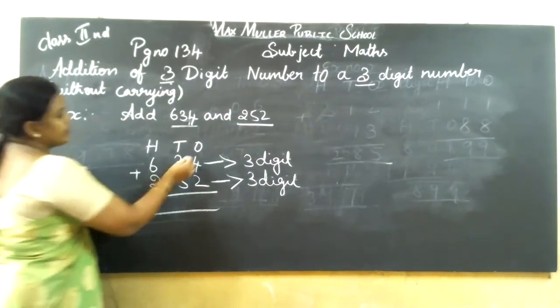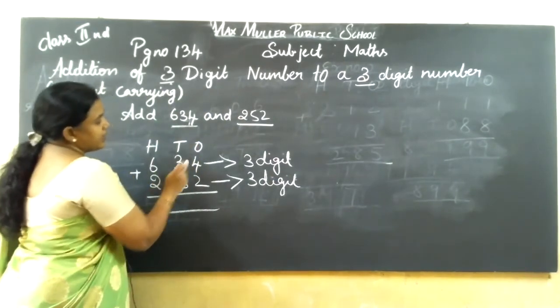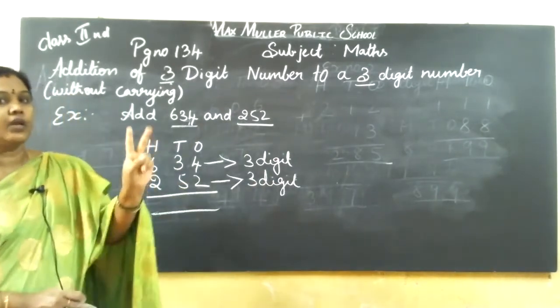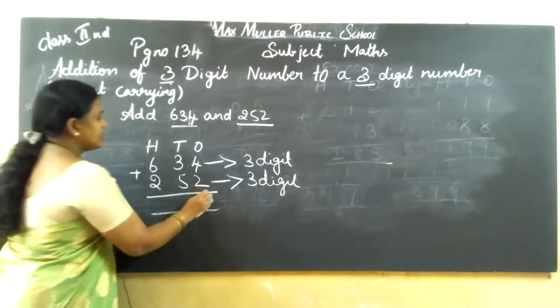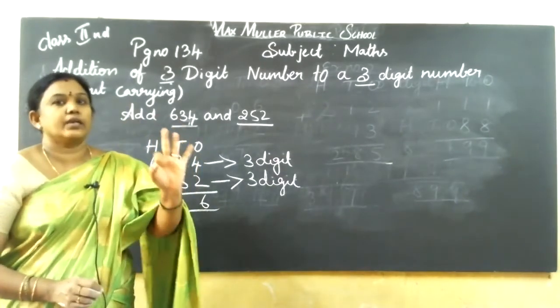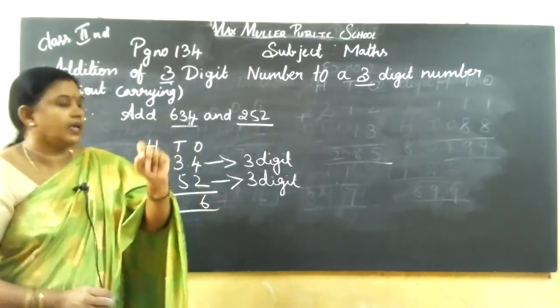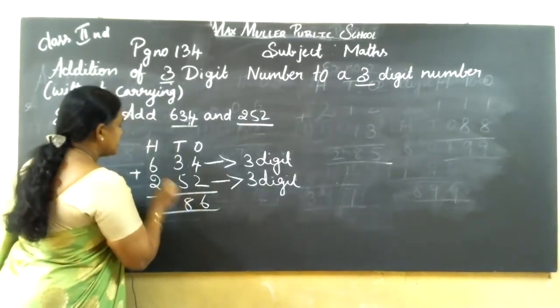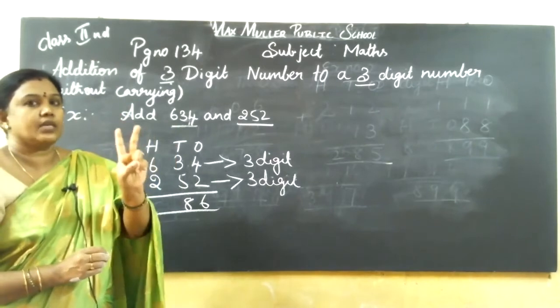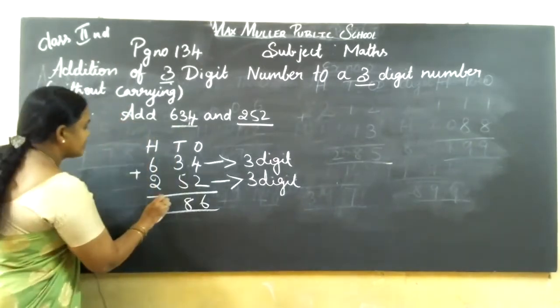See, first column, which one will we add? Ones column. 4 in the mind, 2 in the finger. After 4, 5, 6. 3 plus 5. 5 in the mind, 3 in the finger. After 5, 6, 7, 8. 6 plus 2. 6 in the mind, 2 in the finger. After 6, 7, 8.